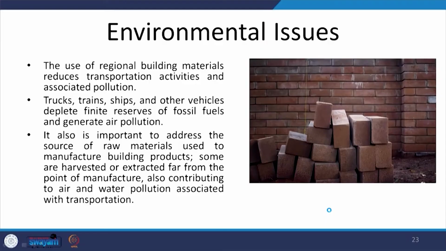Again, when we talk about the environmental benefits, here we are talking about reduction in the use of conventional fuel, because the transportation will be reduced. That is one. The second thing is, over the years people have improvised how to use the locally available material, and hence it comes along with a lot of economic benefit and social benefits as well, because people know how to use these materials and they have been using it.